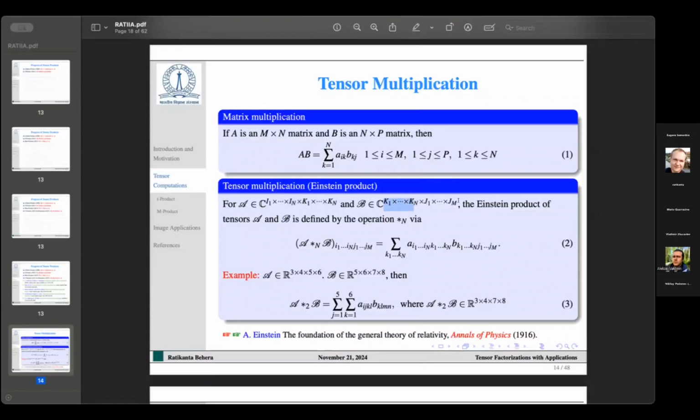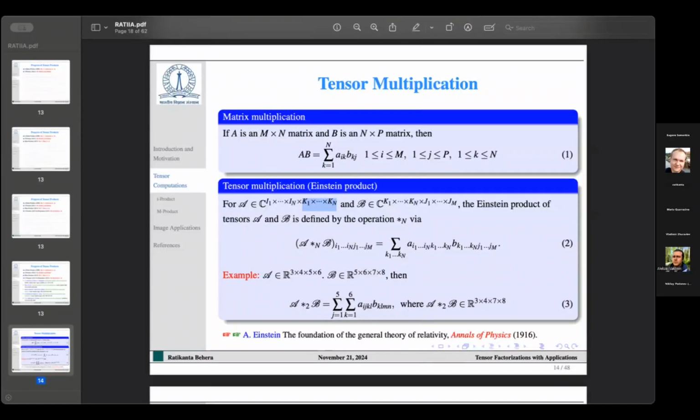The Einstein product of A and B is denoted by star n. Why star n? Because we need n indices to overlap with the second tensor. So A star n B is defined this way, and the summation over K1 to Kn means n summations are there, like here j equal to 1 to 5 and k equal to 1 to 6.